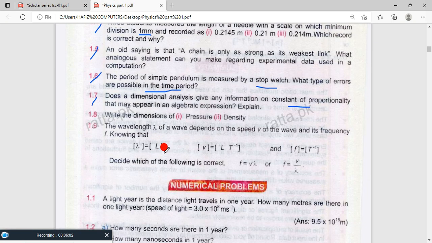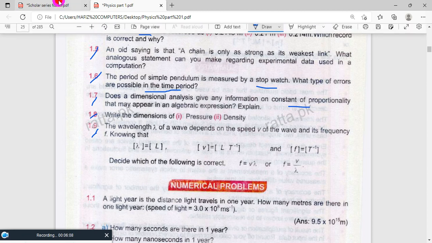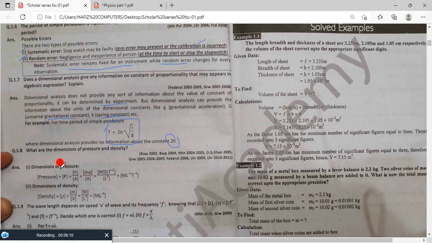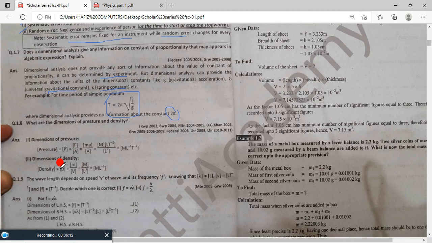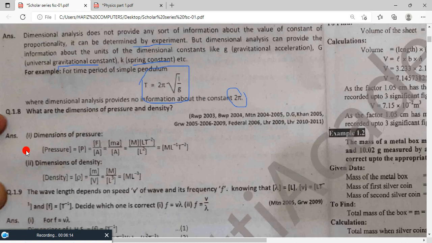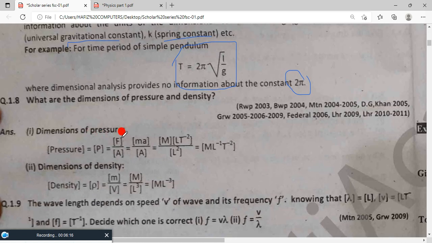Second last question of this chapter: write the dimensions of pressure and density. To write the dimensions of pressure, first we write P equals F over A; we should know its formula. Then we know that force is equal to M times A, and area is as it is.